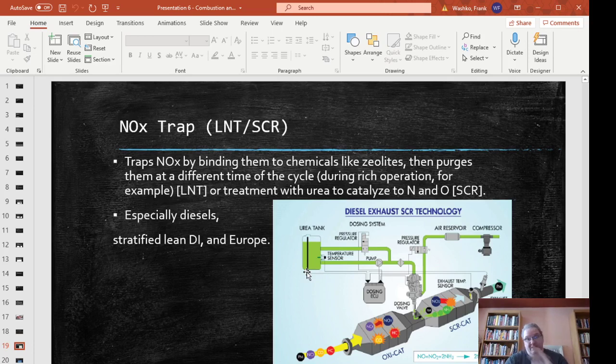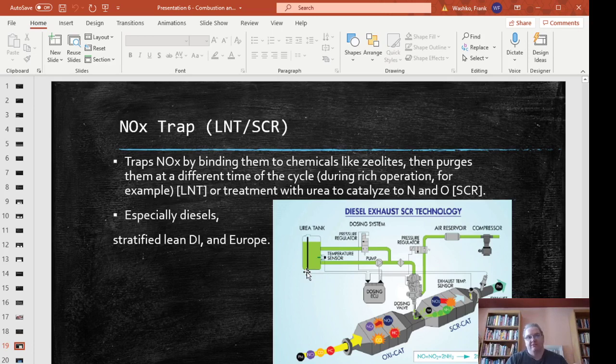It's because there's this tank where you have to refill the urea, and the urea fluid is blue. That's where they get the name. So if you're running a gasoline engine specifically designed to be biased towards NOx, which a lot of them are, you would have this lean NOx trap and potentially the urea tank.